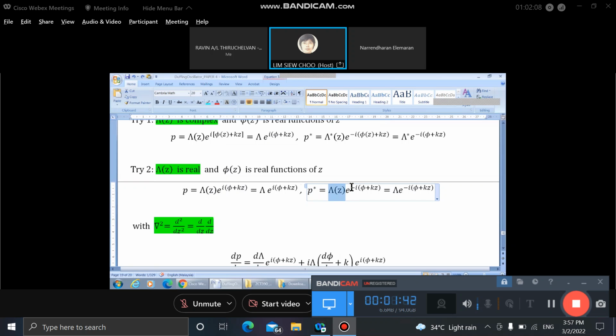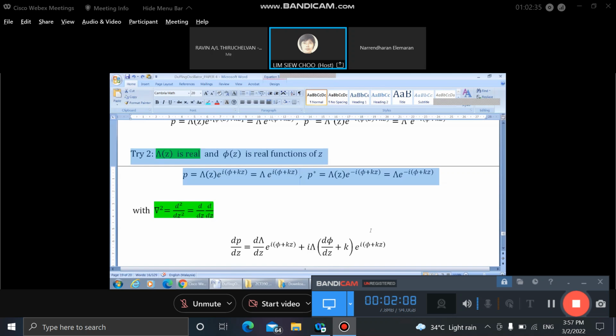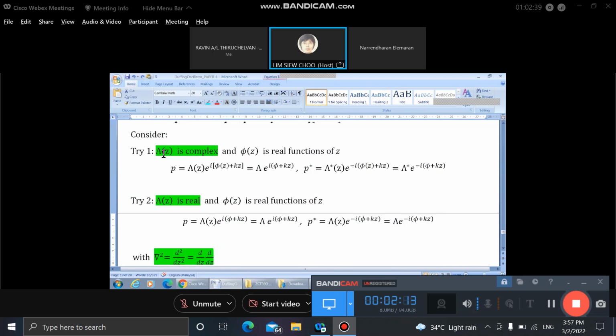The I here will change to negative I only. So this is real, this is real. The complexity comes from this exponent, I phi plus kz. So I think maybe the strategy is to try this one first and see whether you can get the results or not. If you cannot, then only you go to here.